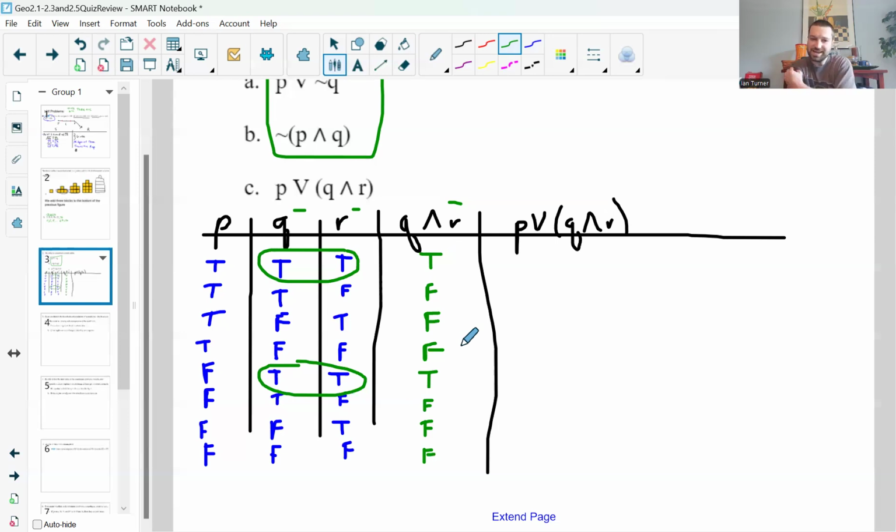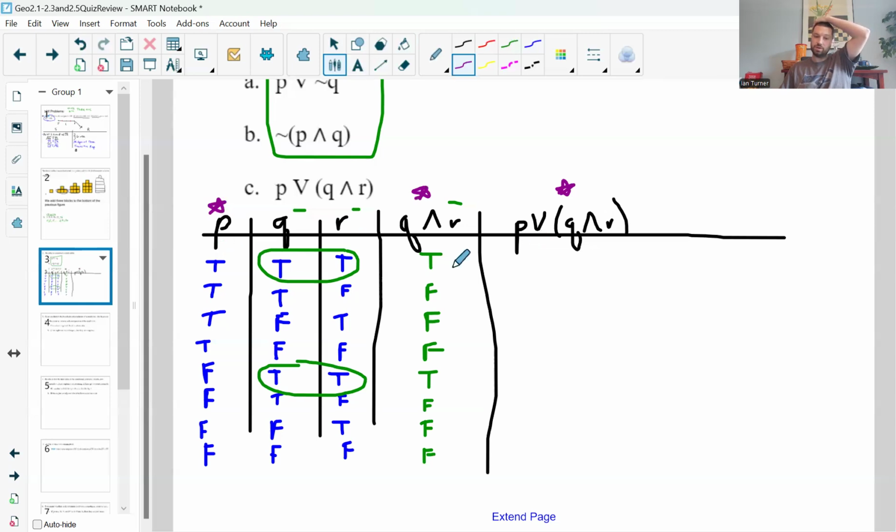And then we're going to take the conjunction we just did, and for our last column, we're going to look at our previous one, plus now we're going to bring in statement P. Since it is a disjunction, we only need one true.